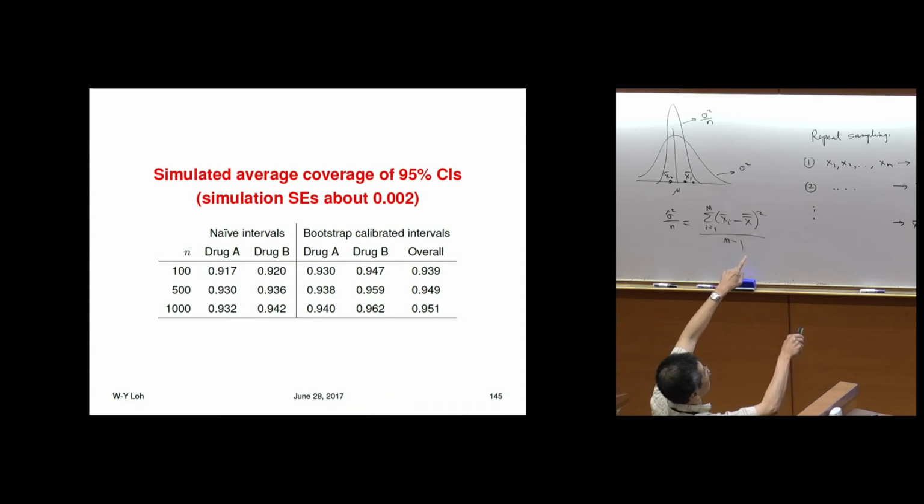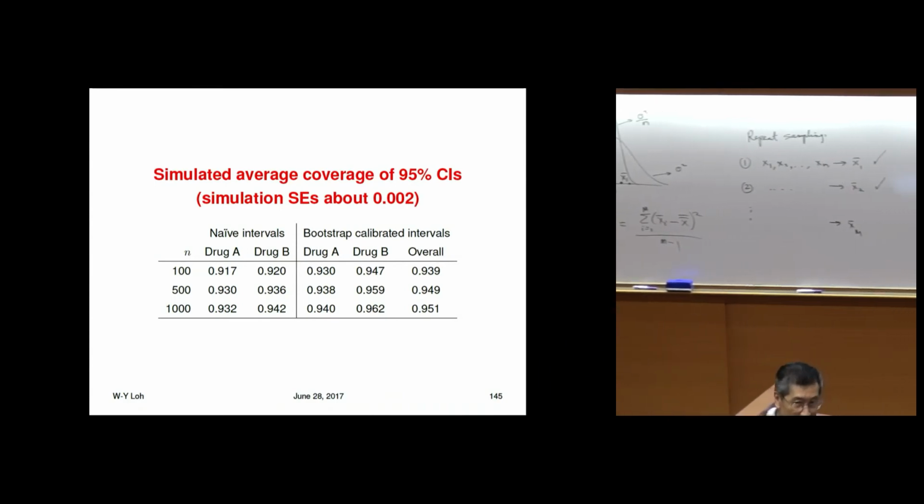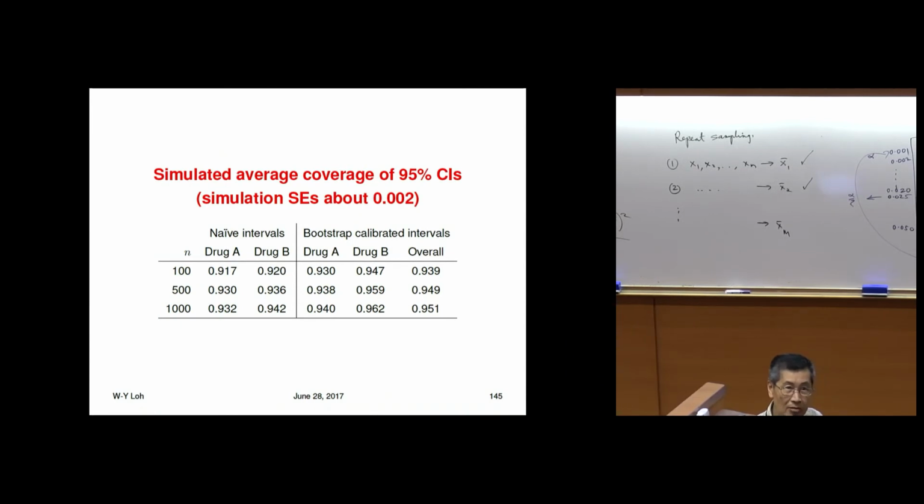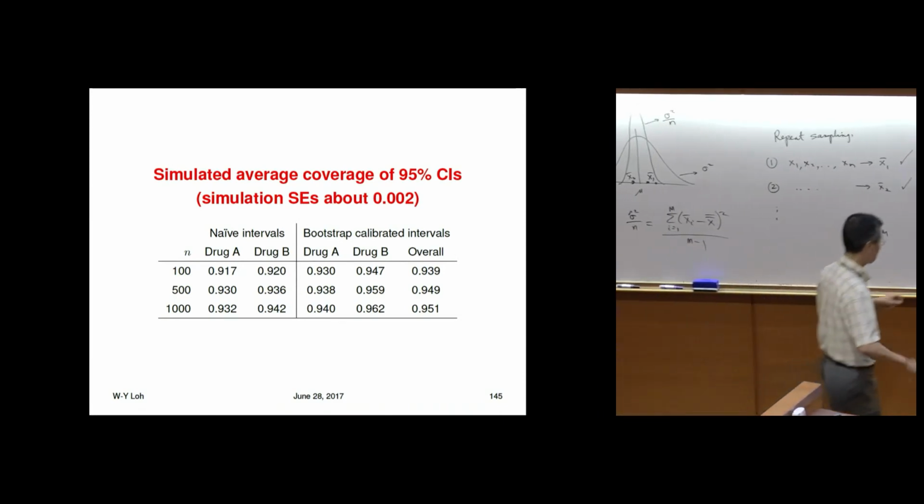Now, my sample size increases to 1,000. See, I'm reaching 95% exactly right. Okay? So as far as the interval is concerned, it's okay. Right? But the center is biased. So the y1 bar minus y0 bar is biased.